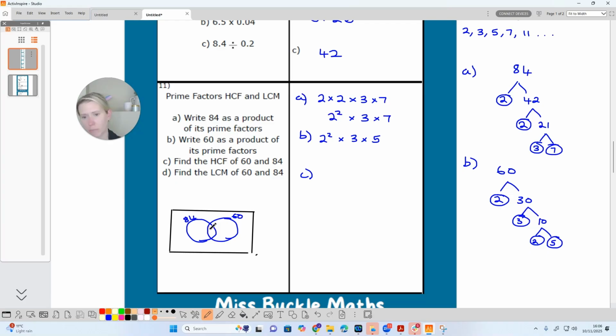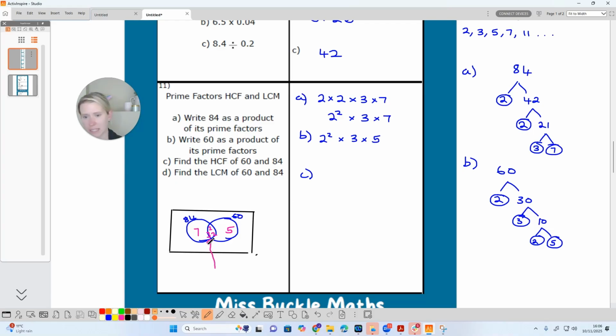So everything they've got in common goes in the middle. So they've both got 2 and a 2, 2 squared, and they've also got a 3. So 2, 3, and 2 are in the overlap. They're factors of both 84 and 60. Then we have the extra 7 on 84. That goes there because it's not a prime factor of 60, but 5 goes there, okay, because that's a prime factor of 60, but not 84.